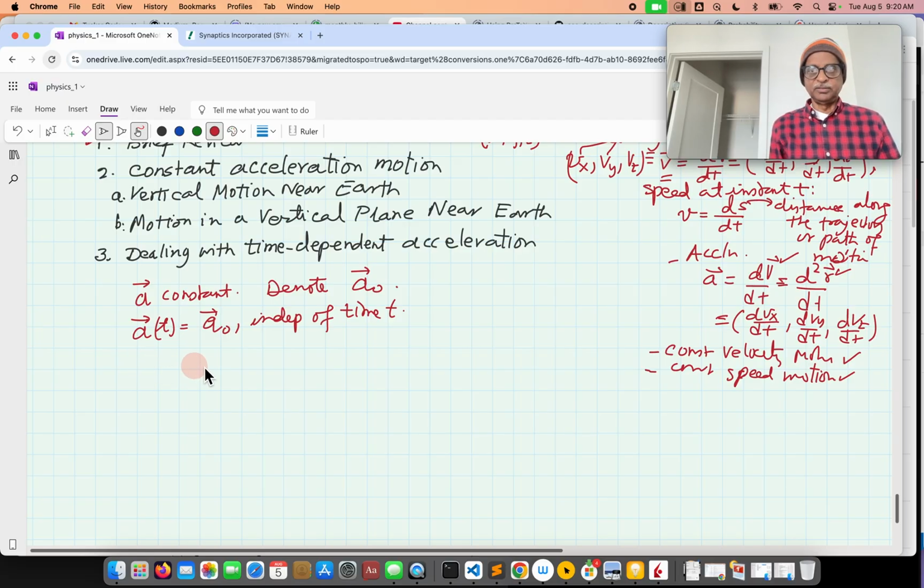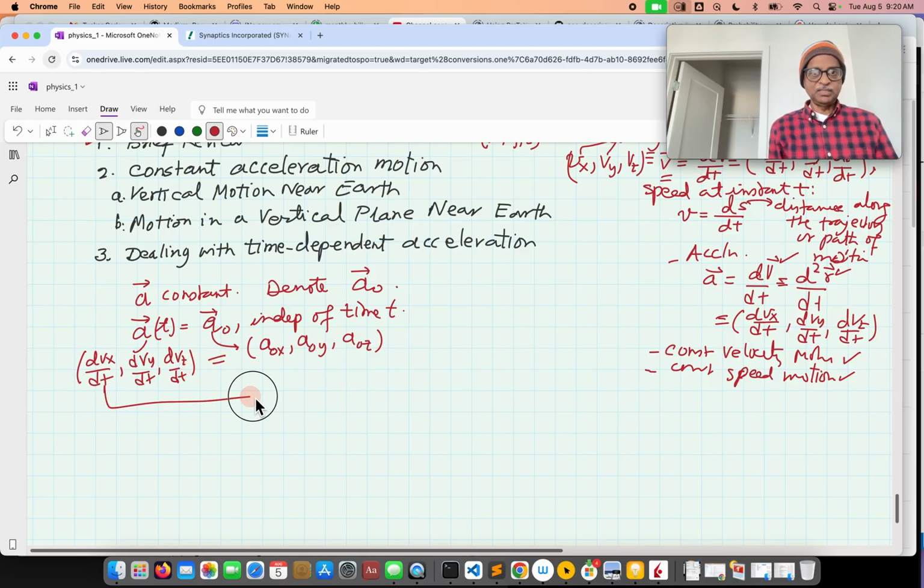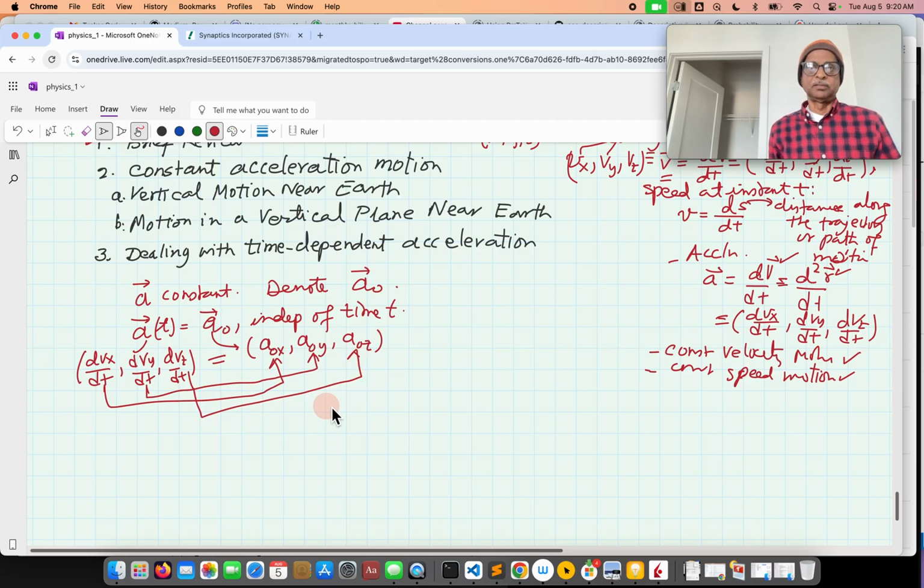Well, we look at what a0 must be. This is a vector, so it must be some a0x, a0y, a0z, and this is basically dvx dt, dvy dt, dvz dt, right? So when we make it equal, we mean this is equal to that, this is equal to that, and this is equal to that. So we get three equations which are very easy to solve.